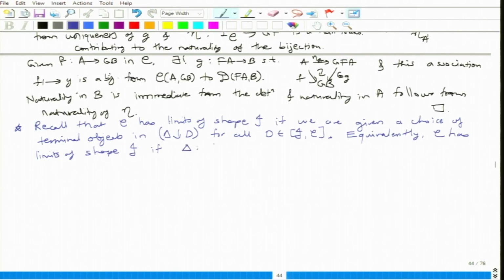Delta is a functor from where to where? Delta is a functor from C to C^J, and it has a right adjoint.